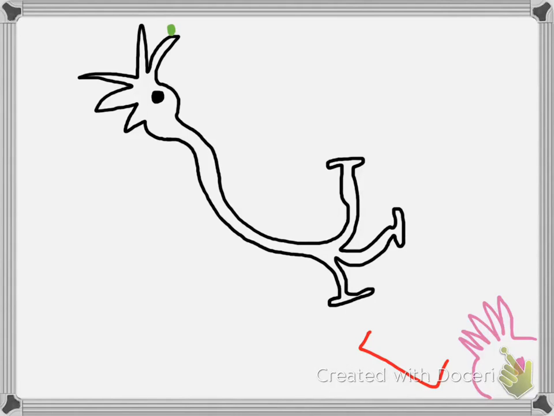So at rest, typically the neurolemma or plasma membrane of a nerve cell is more negative on the inside, and more positive on the outside. But when some sort of stimulus comes over here and attaches to or stimulates an area of a dendrite, this polarized nature is going to change. It's going to become depolarized.